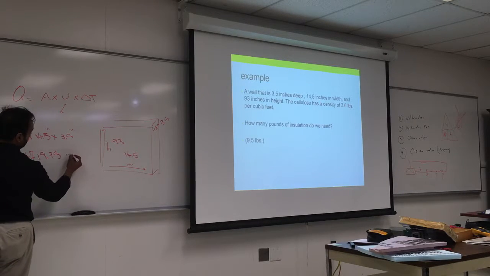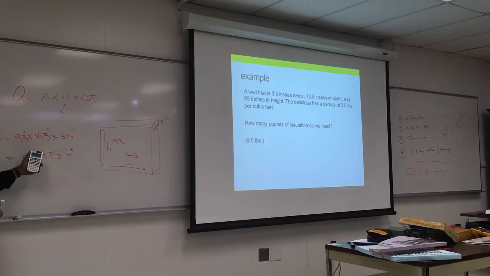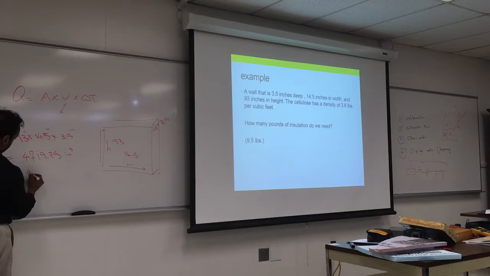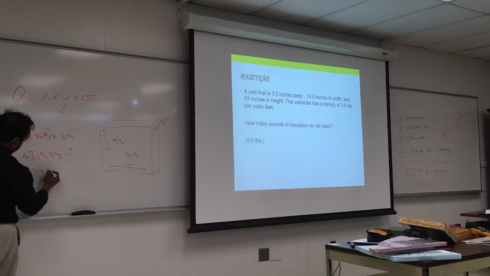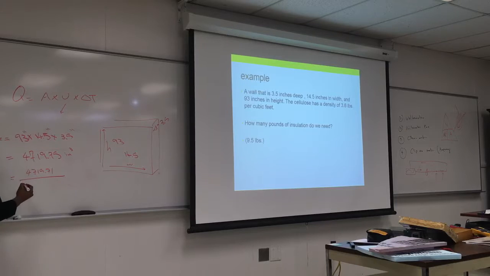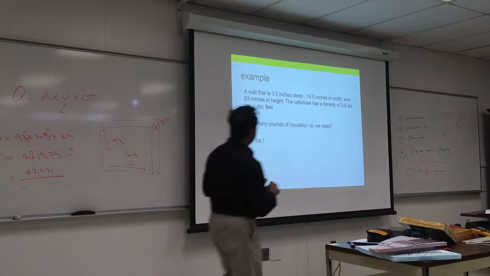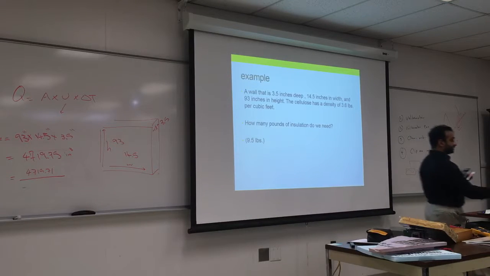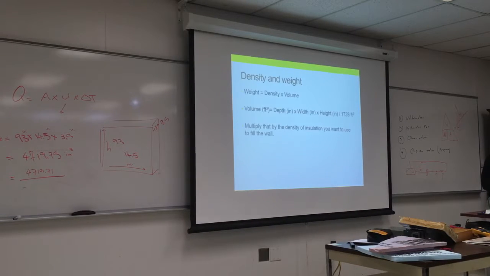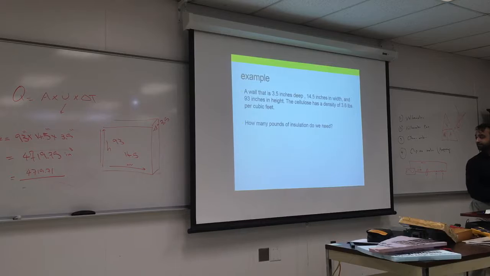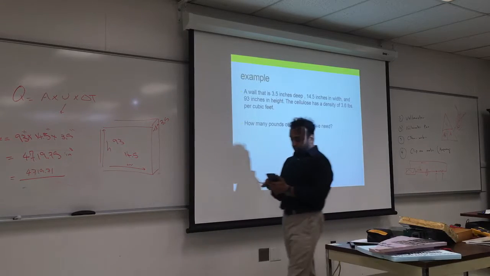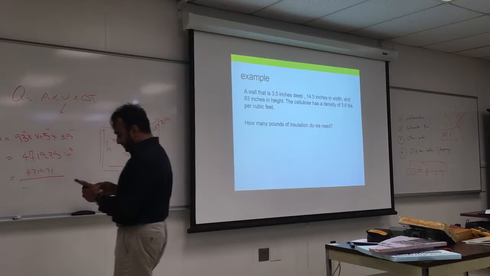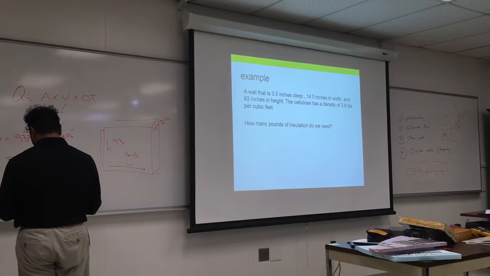That's inches cubed. To convert from inches cubed to feet cubed, we're going to divide 4719.75 by 1728, which is 12 times 12 times 12.